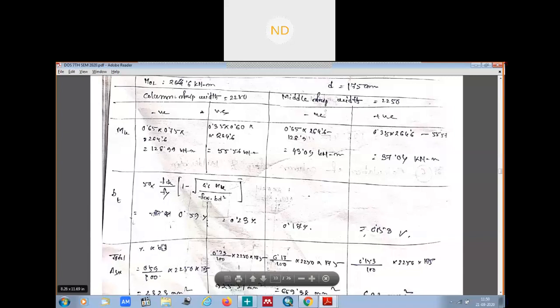Now, once we calculate the total area of steel required for the column strip negative and positive moment and the middle strip negative and positive moment, b is 2250, the same for the middle strip width also, and d is also the same. Only the percentage of steel is different.